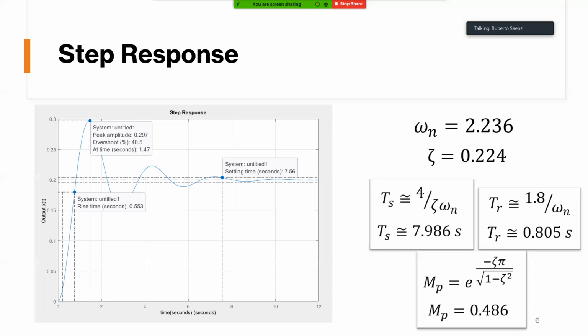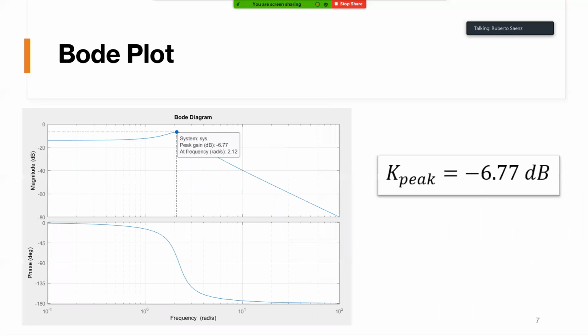Our rise time can be approximated as 1.8 over the natural frequency, which gives us about 0.805 seconds. The maximum overshoot can be calculated using e to the negative zeta pi over the square root of 1 minus zeta squared. This gives us a maximum overshoot of 0.486 or 48.6%.